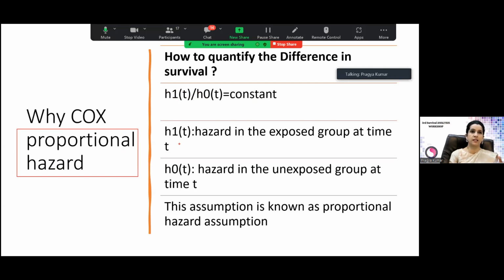So H1(t) is the hazard rate in the exposed group at time T, and H0(t) is the hazard rate in the unexposed group at time T. This assumption is known as the proportional hazard assumption.